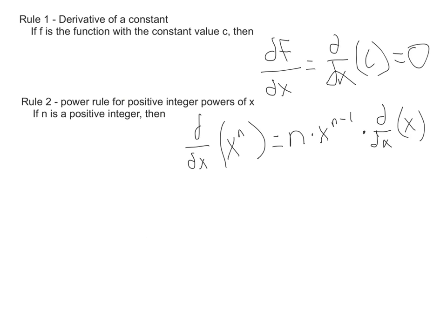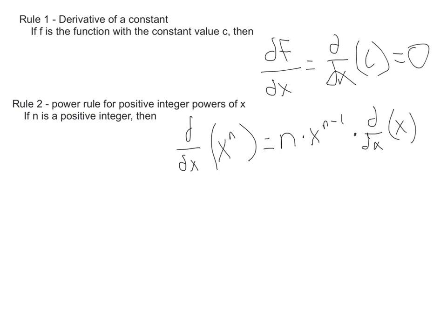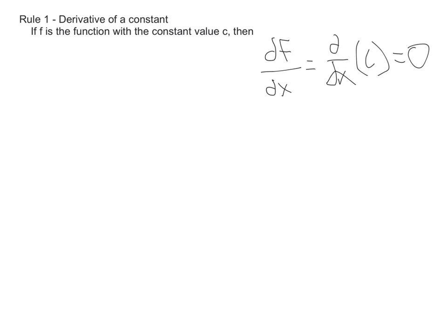Rule 4. If u and v are differentiable functions of x, then their sum and differences are differentiable at every point where u and v are differentiable.